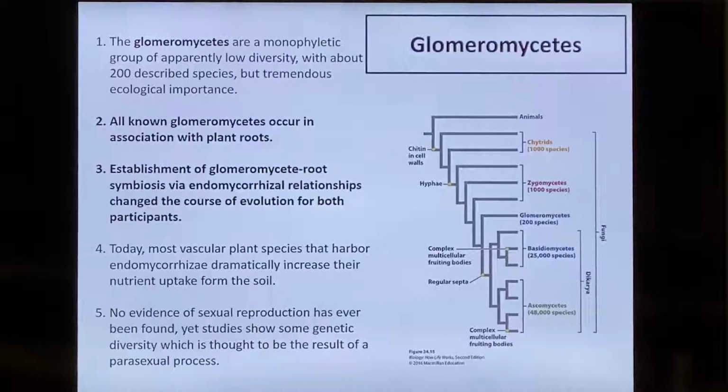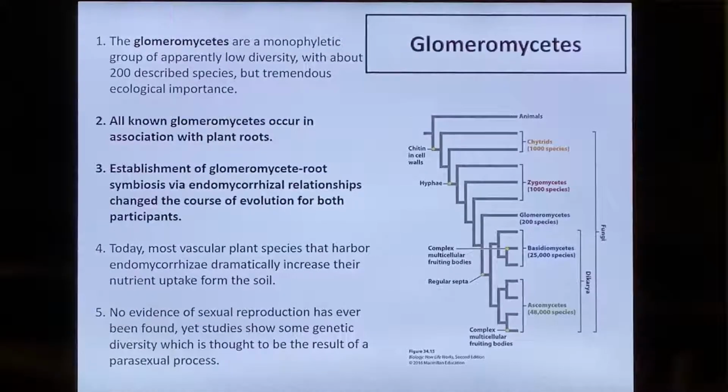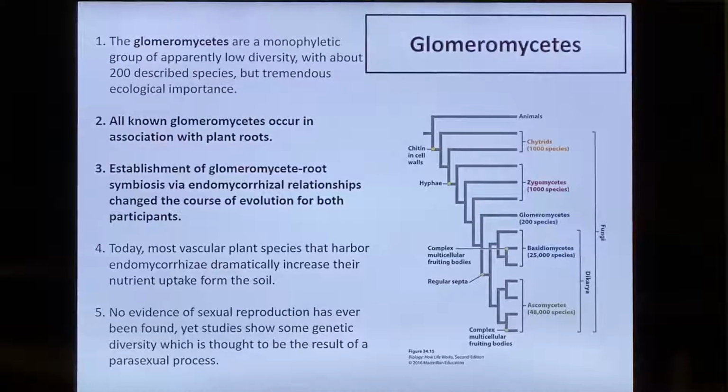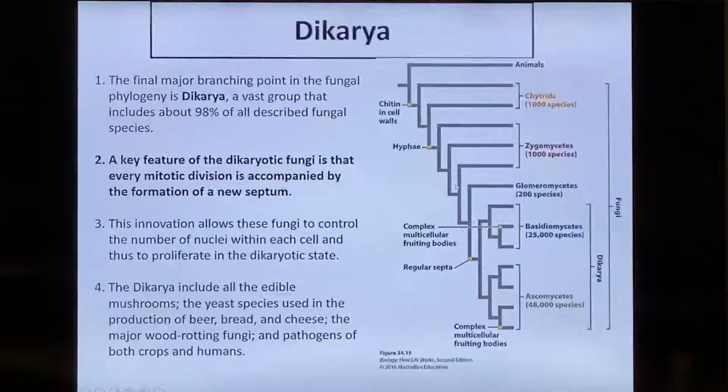And because fungi are really good at absorbing things, they can extend the root system of plants. They're much better at pulling water in than plants are, but they can't make their own food. That's something plants do all the time, so they just exchange materials. If you grow plants in a sterile soil environment, they will never grow as well as they would in a soil environment that has glomeromycetes.